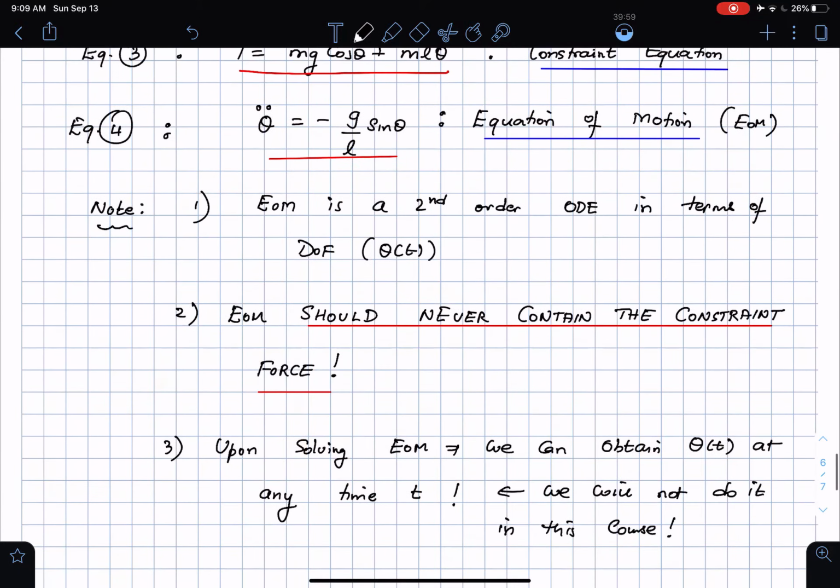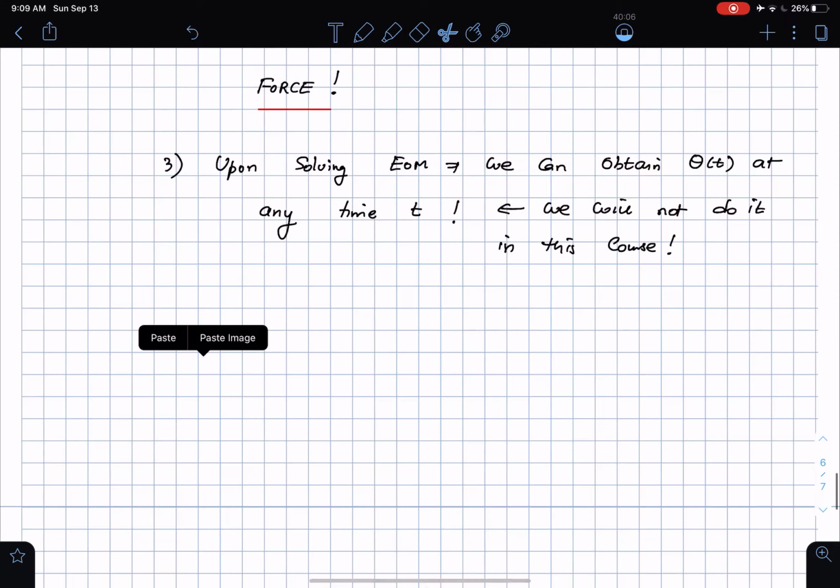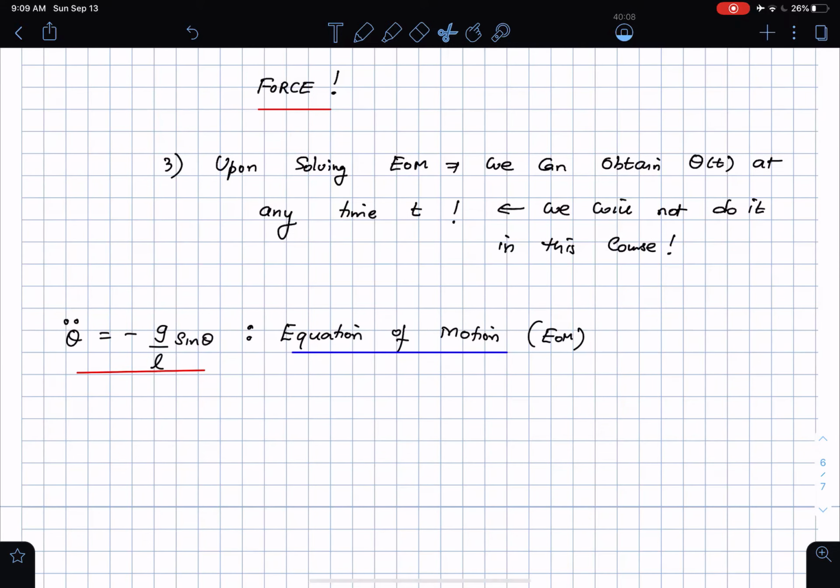One thing I want to mention here is that for us this is the equation of motion, and I'll bring that down here. Very last step, this equation of motion is a nonlinear ordinary differential equation.